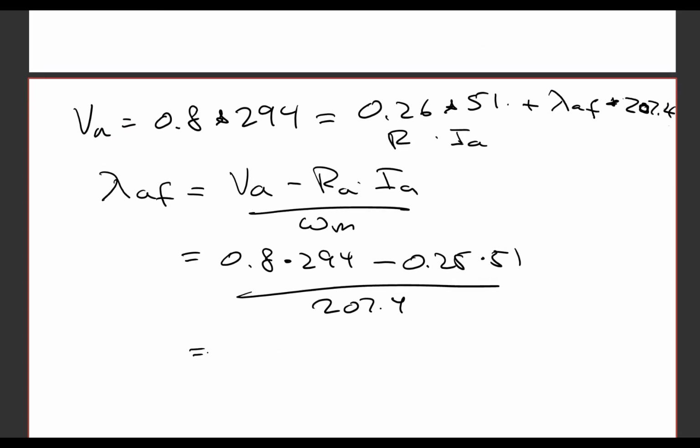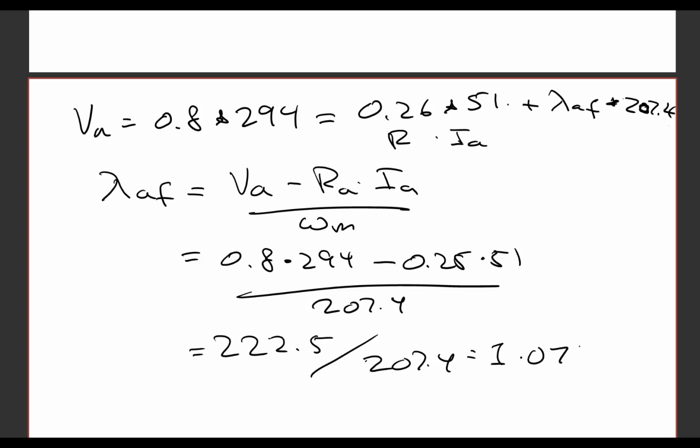That is 222.45 divided by 207.4. That's 1.07.